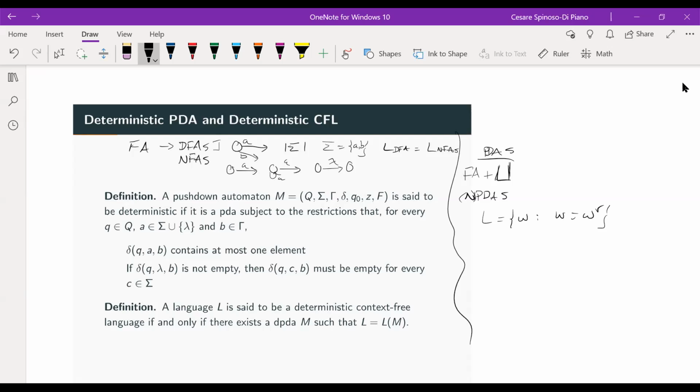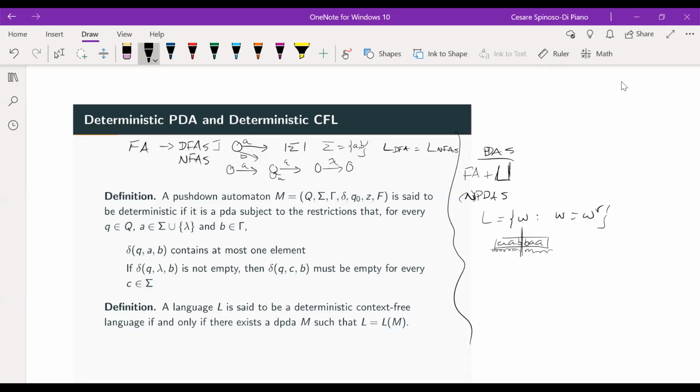Well, you had your input string. So imagine your input string was a, b, b, a, right? So there's a question. Yes, good. Your machine was running through, and as someone just pointed out, it was able to correctly guess that, okay, I should stop pushing here, and now it should start popping here, okay?